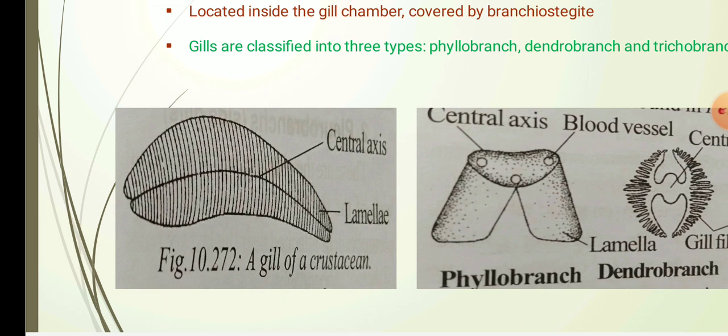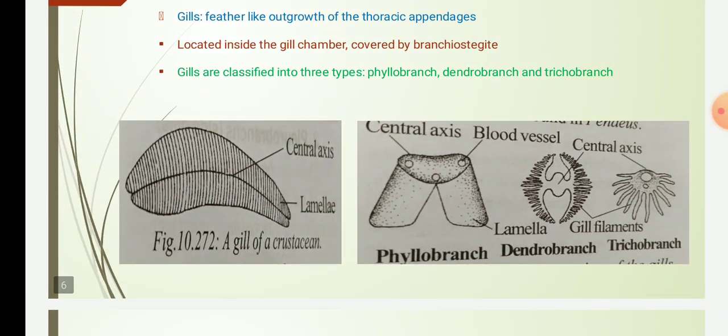These lamellae have a different shape in different crustacea, and based on the shape of lamellae, these gills are further classified into three types: Phyllobranchiate, Dendrobranchiate, and Trichobranchiate.